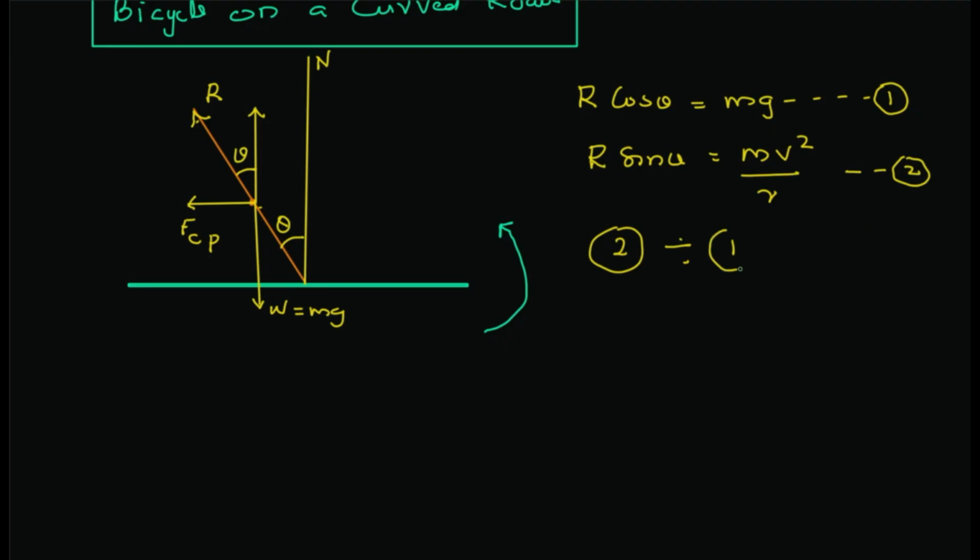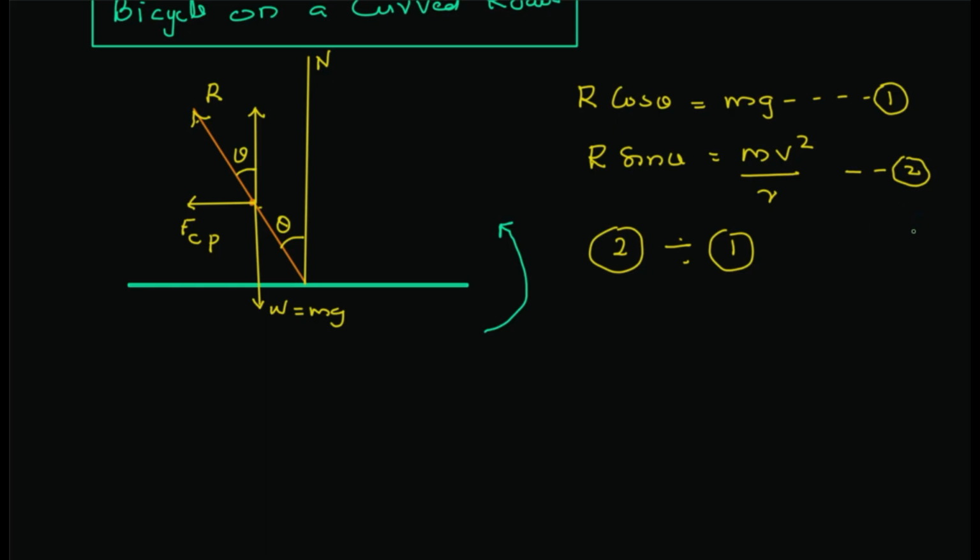Dividing the second equation by the first, m and m cancel out, and g comes to the bottom.